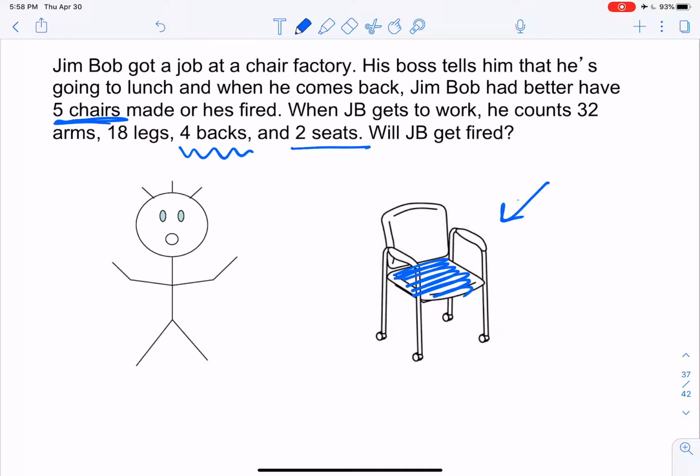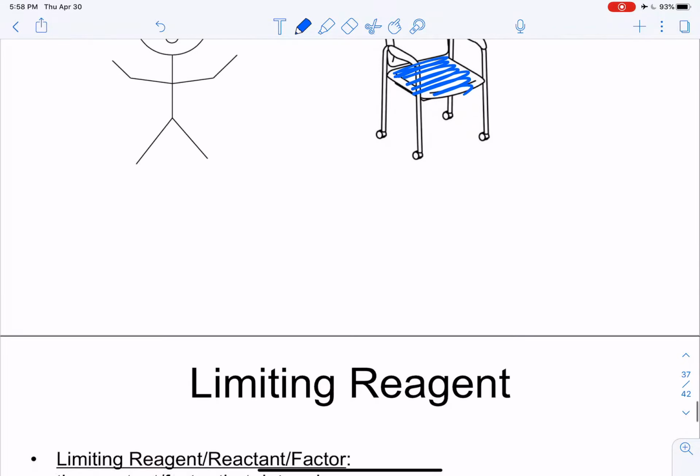But you guys get the idea that if you have a part of the whole that you only have a little bit of, that's going to limit how many whole things you can make, whether it's chairs or molecules or whatever else.